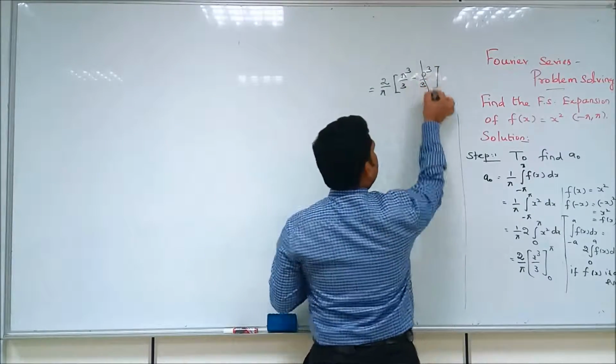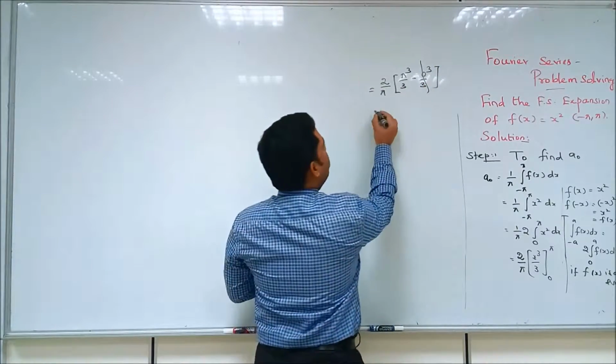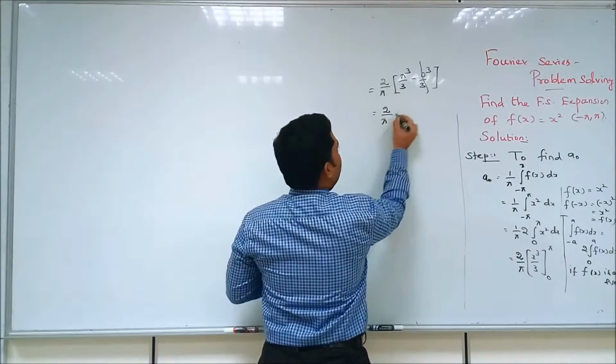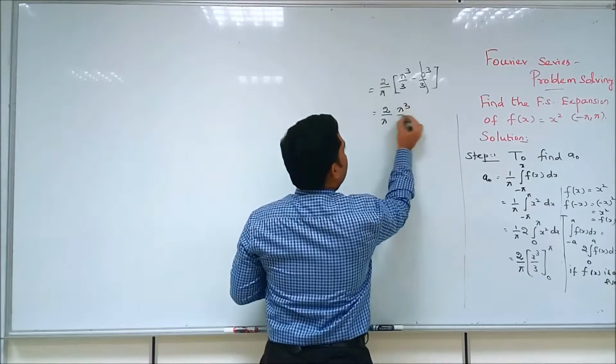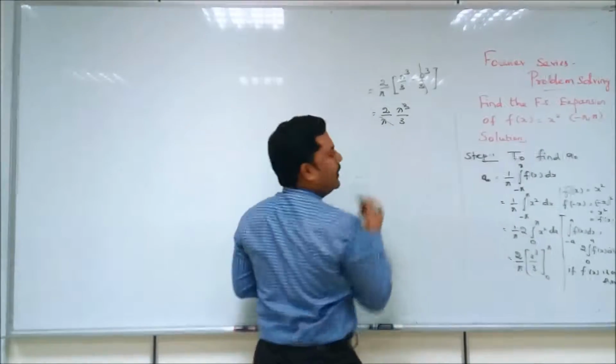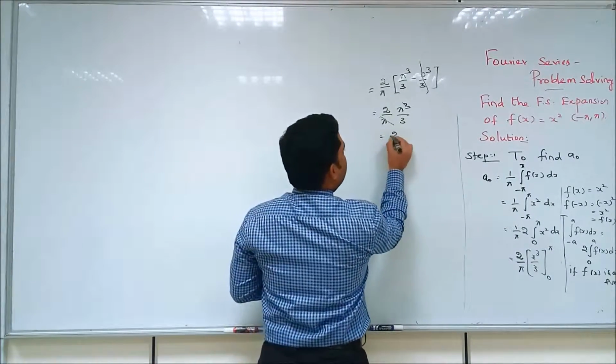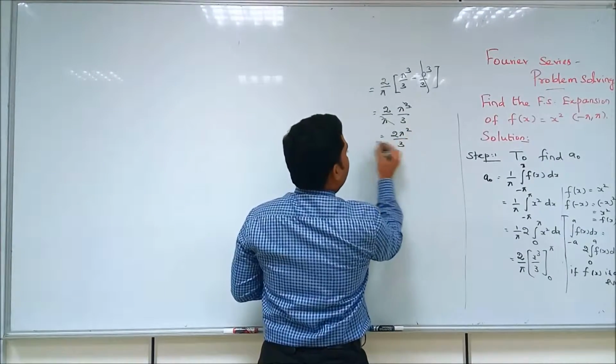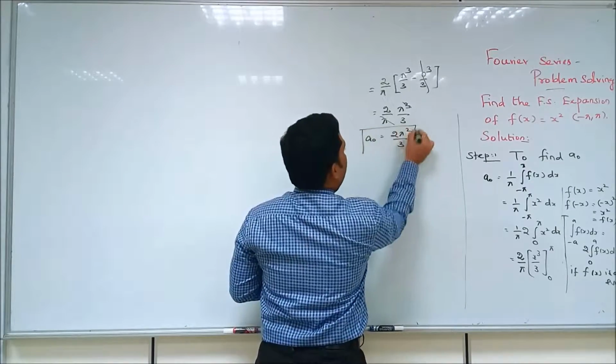That becomes 0, so leave it. This is 2 divided by pi into pi power 3 divided by 3. Let us cancel pi with one pi, and we are left with 2 pi square divided by 3 as the value of a naught.